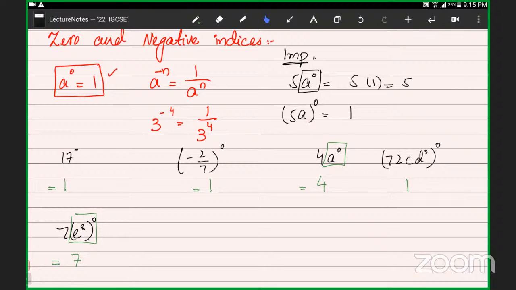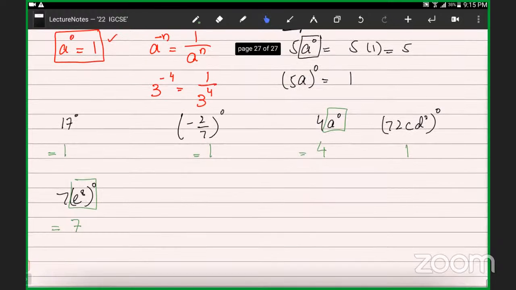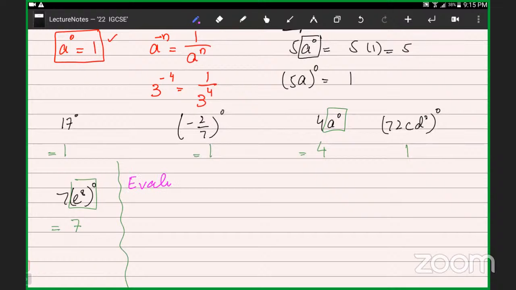Next part, it is going to be 7 power -3. Okay. Now, the question you will be getting would be evaluate 7 raised to the power -3.